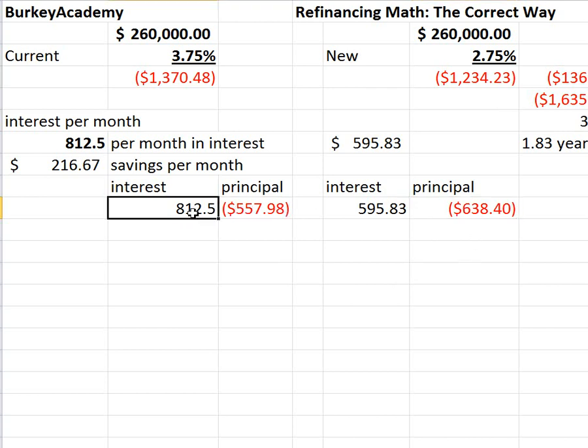So you're saving $216 in interest that you're paying, so the remainder, so you're asking yourself, why does my payment not go down by $216? If that's how much the interest goes down, the answer is the amount you're paying down in principal goes up. And it goes up not quite $100, but it goes up a lot. Let's look at that difference there. Let's see.